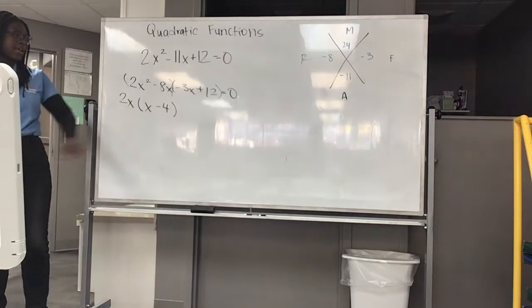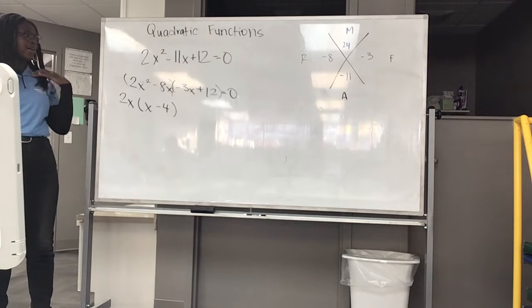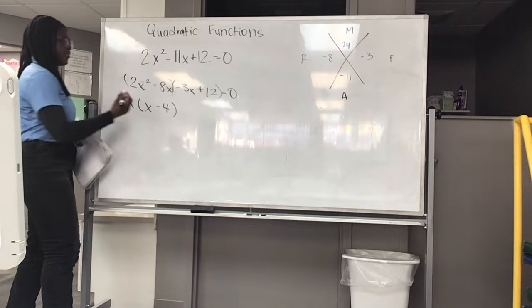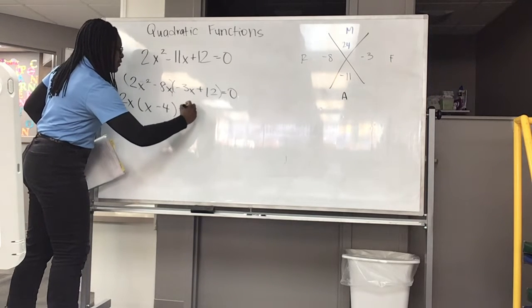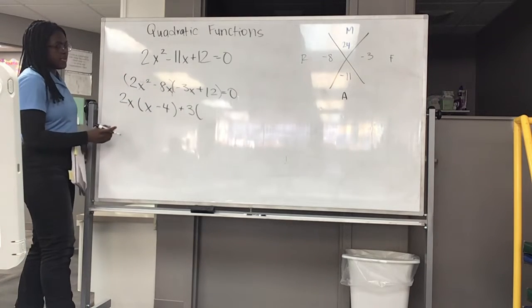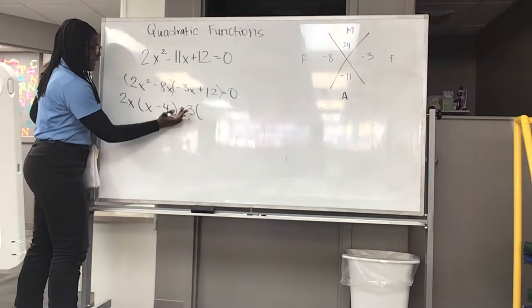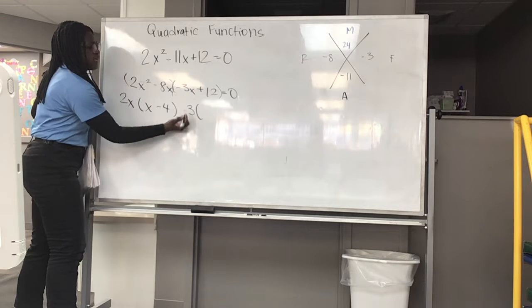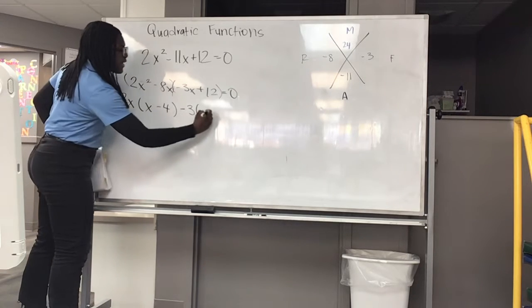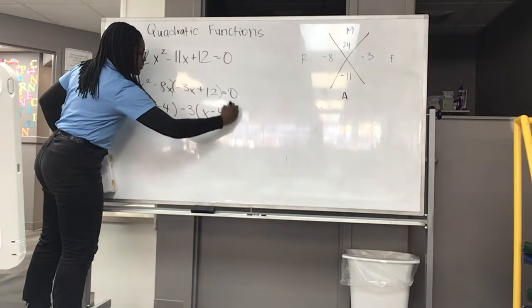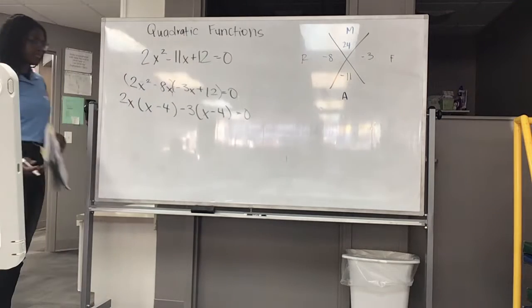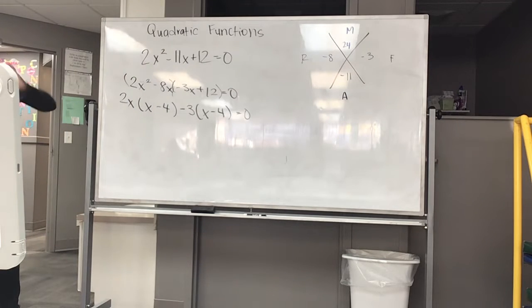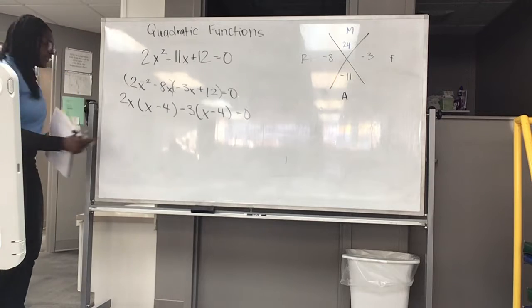Okay, and then out of -3x plus 12, we can take out a 3. And that leaves me with, let me take out -3, sorry. That leaves me with x minus 4. And so from there, these two are the same, x minus 4, so that's one of mine.